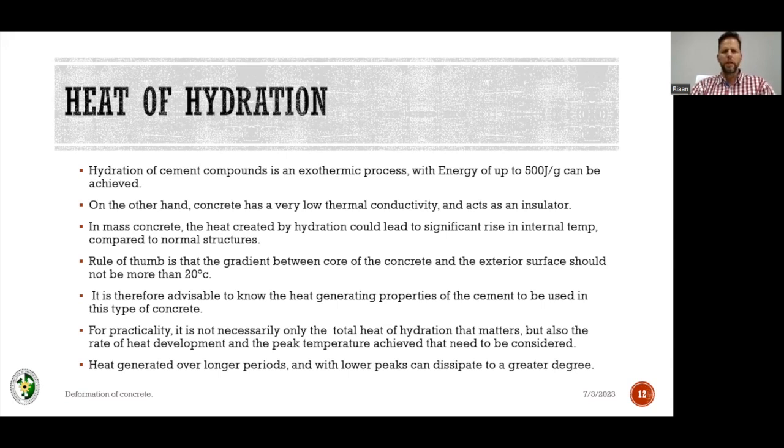There is a slight elevation in temperature as you start mixing your concrete, and this is attributed to your C3A reacting with the water, and then also with your calcium sulfate, your gypsum. As soon as that process happens, there's a bunch of heat that gets exuded from your mixture, and it can bump up the temperature of your concrete by between 5 and 10 degrees even in extreme cases.